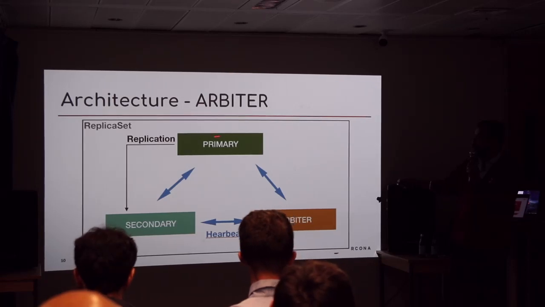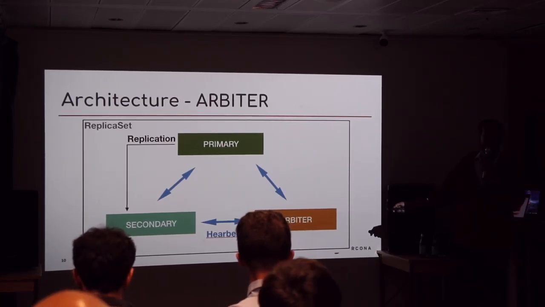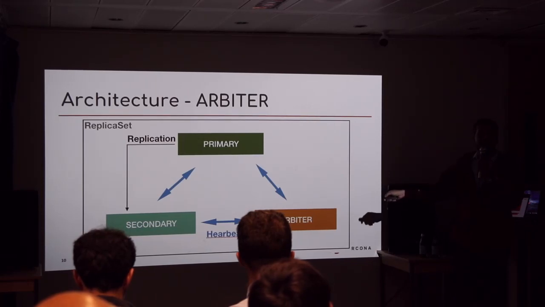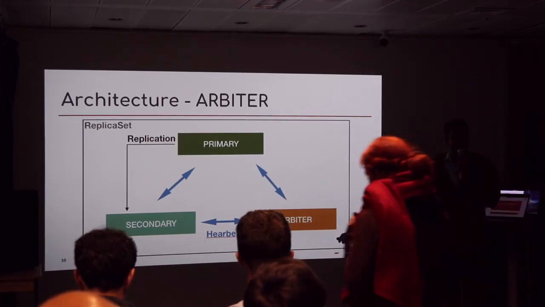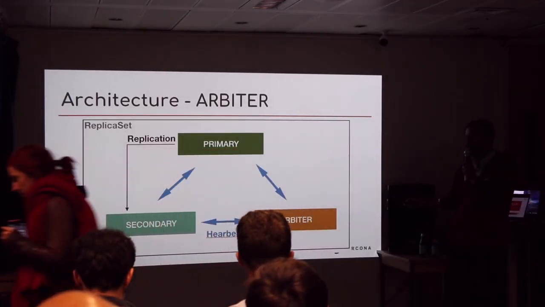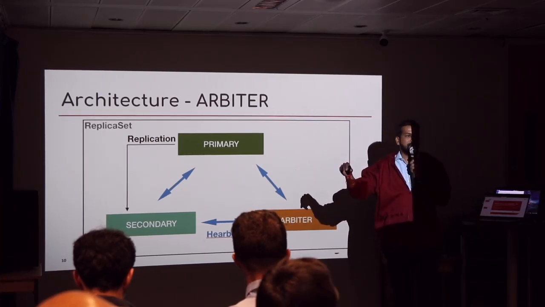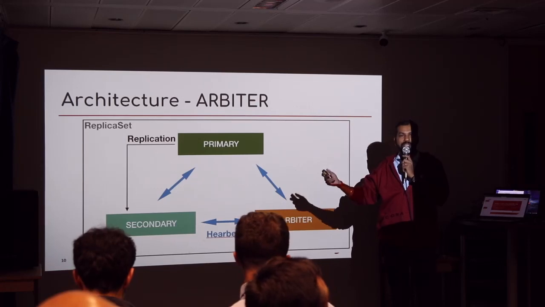So what happens if this primary goes down? This secondary cannot become primary. Why? Because in an election there is no other member to vote for this secondary to become primary, right? So we need someone to say, okay, you are the only available secondary, you become primary.